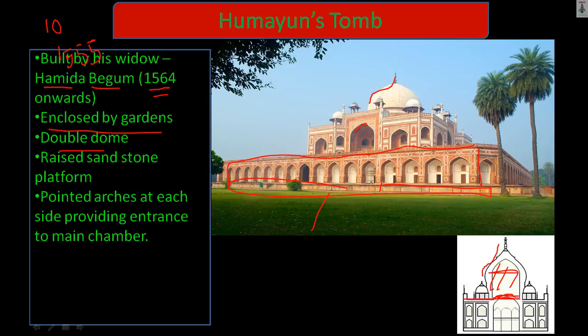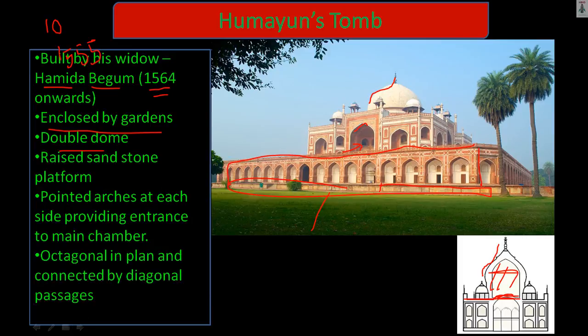So if you enter through this arch, you will reach the main chamber. And interestingly, this plan is octagonal and connected by diagonal passages. Now if you happen to look at this tomb from a helicopter, you will come to know that it has an octagonal plan.